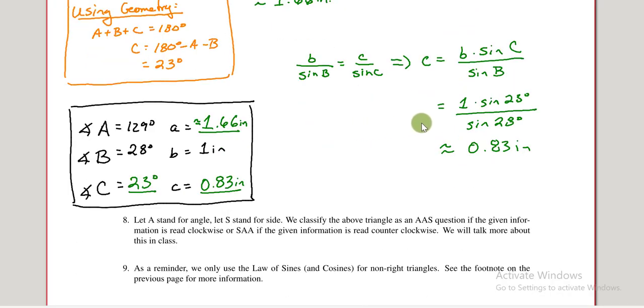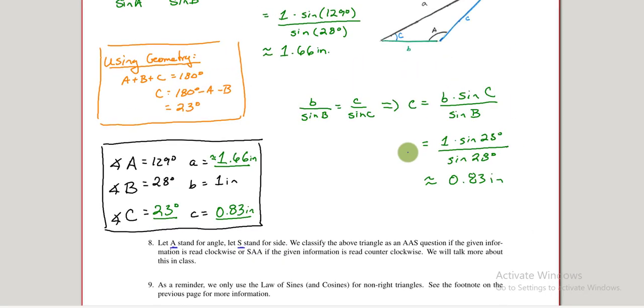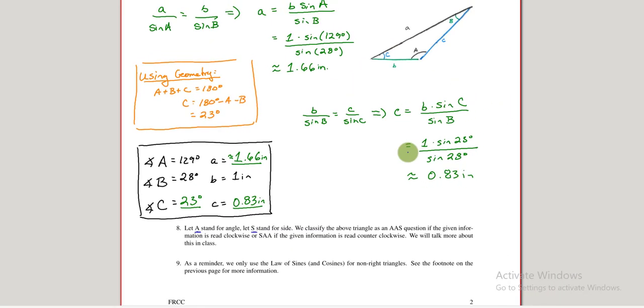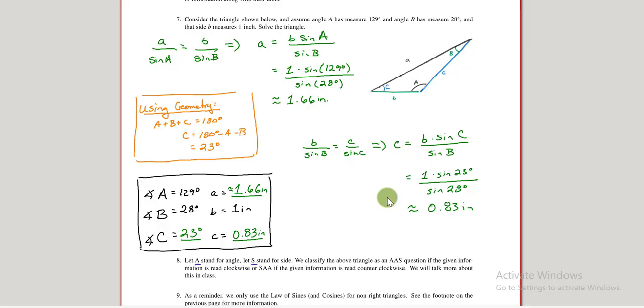I want to point out 2 last things. The first thing is, if I were to use the letter A to stand for an angle and the capital letter S to stand for a side, we could go classify this triangle up here that I sketched for you. I gave you an angle, I gave you another angle, and I gave you a side length here.